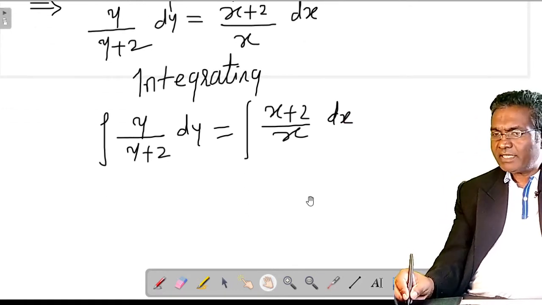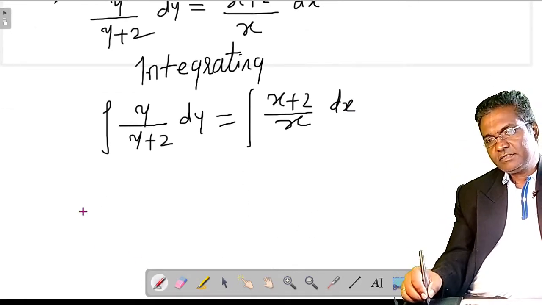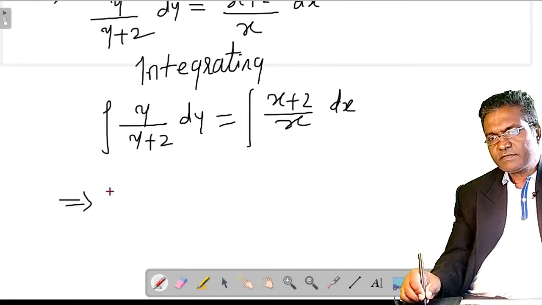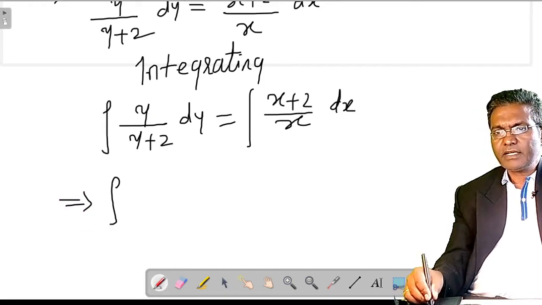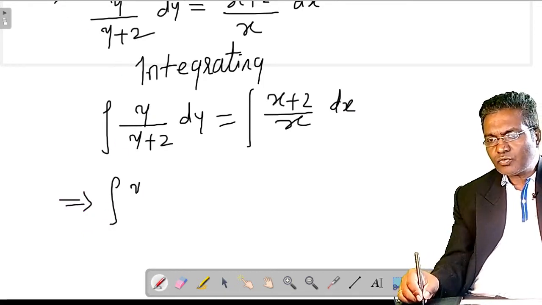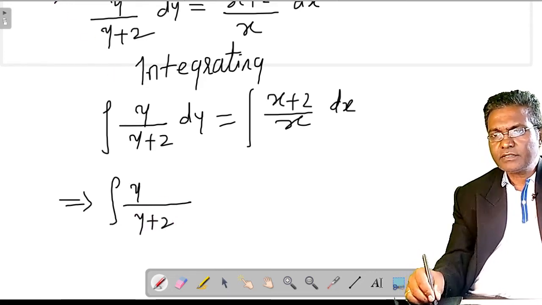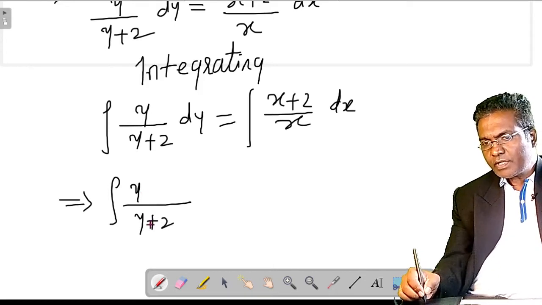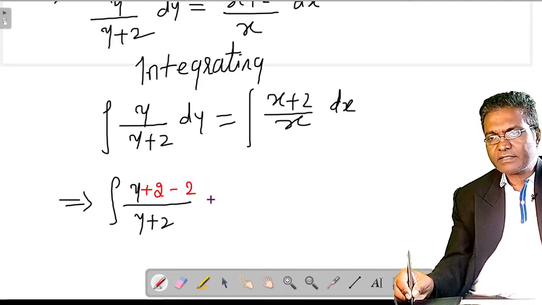Think of the method. In the numerator, I can add and subtract 2 so as to make the numerator contain one of the terms.